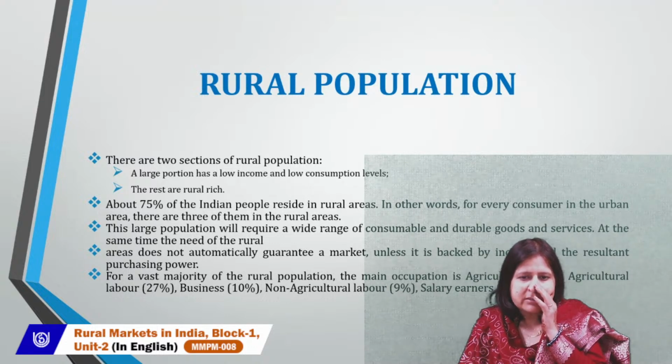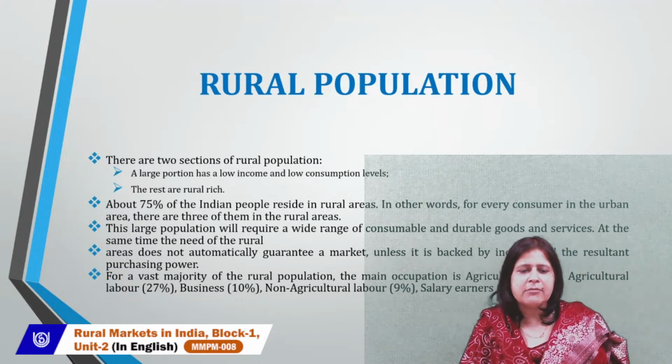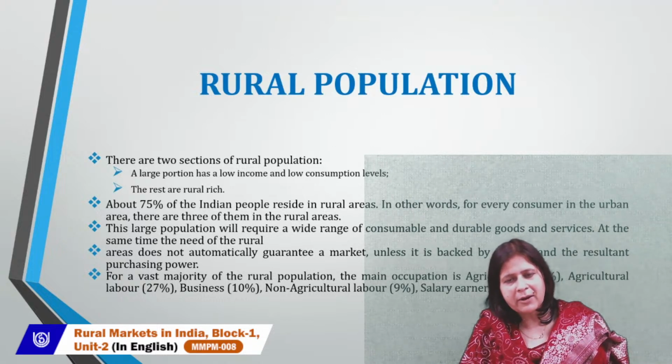This large population will require a wide range of consumables and durable goods and services. At the same time, the need of the rural areas does not automatically guarantee a market unless it is backed by income and resultant purchasing power.